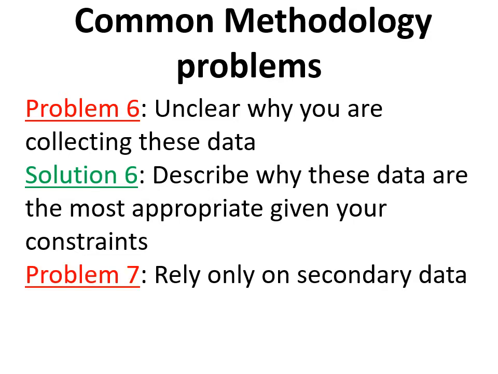Another problem is that people rely only on secondary data. I love secondary data. In a lot of my research, I'll augment primary data collection with secondary data. And often, for instance, when you make a sampling frame, you're relying on secondary data to do that, like a phone book, or a trade directory, or a membership list, or a map.